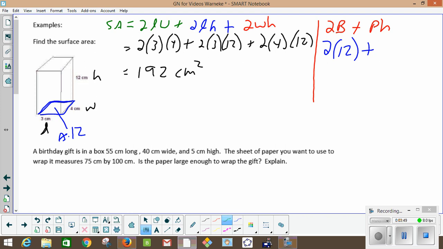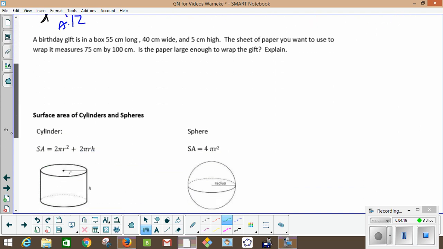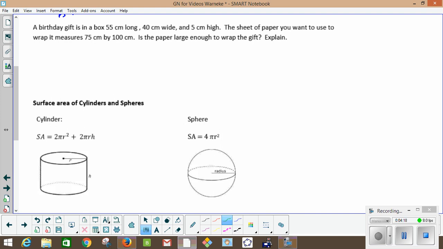So if you look at the lengths, the back side would be 3 and the left side would be 4 because it's a rectangle. So the perimeter would be 4 plus 3 plus 4 plus 3, which is 14. And we take that times the height, which is 12. And that calculation would also give you 192 centimeters squared. So 2 different methods for that one. It's up to you to decide what you feel would be best.